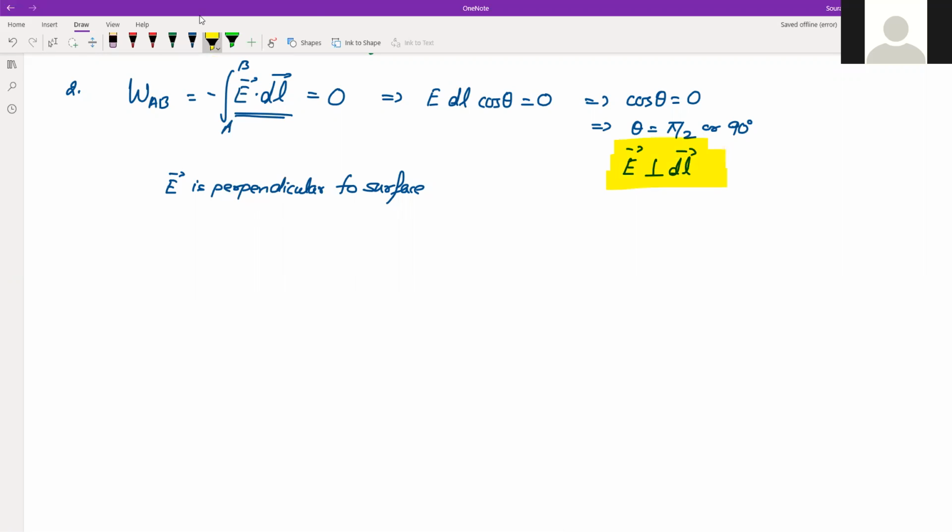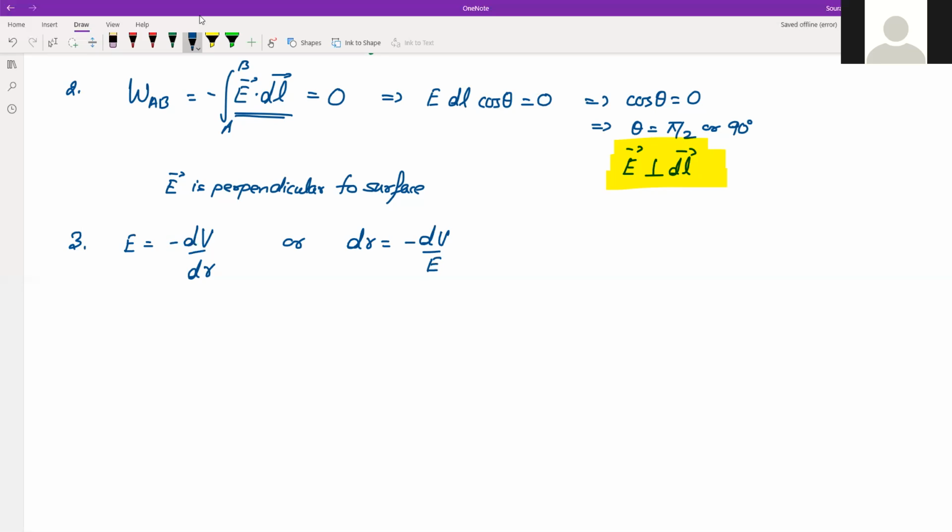Moving to the next property. We have seen that E is equal to minus dV by dr. Or this also means that dr is equal to minus dV by E. So the first part we have already seen, we have just rewritten it in this form.